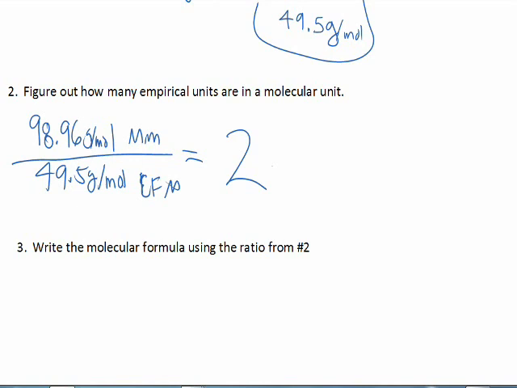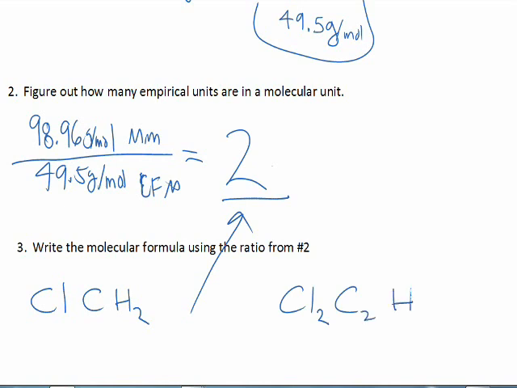Now we're going to write the molecular formula using the ratio from step 2. So we take this 2 that we found, and we have the original formula, ClCH2, and we're just going to multiply it by this number. So it's going to be Cl2C2H4.